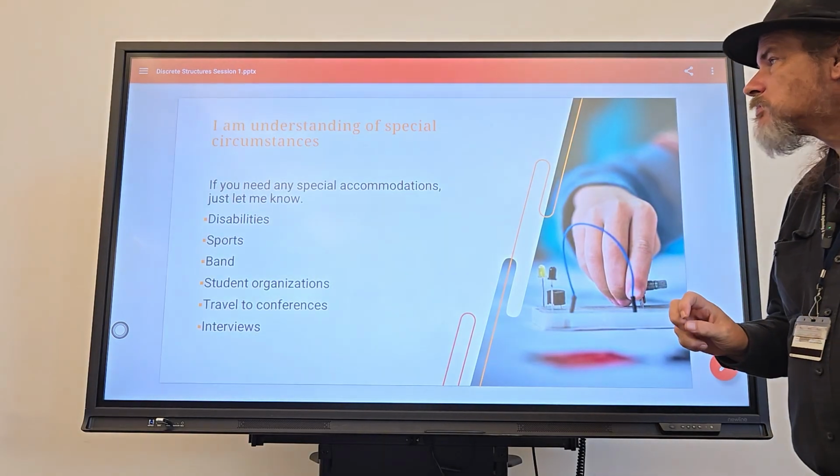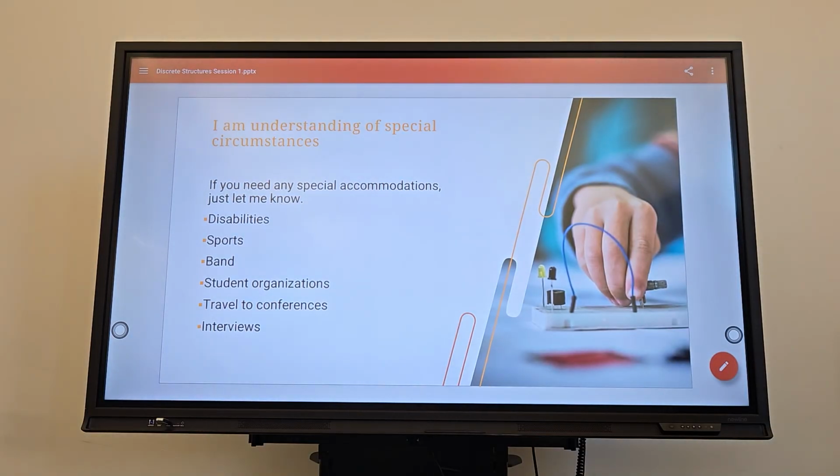I am understanding of special circumstances, disabilities, sports, band, student organizations, travel to conferences, interviews. I understand things happen that you need to miss class. Do we have any band members? Yeah, okay, we've got a few.